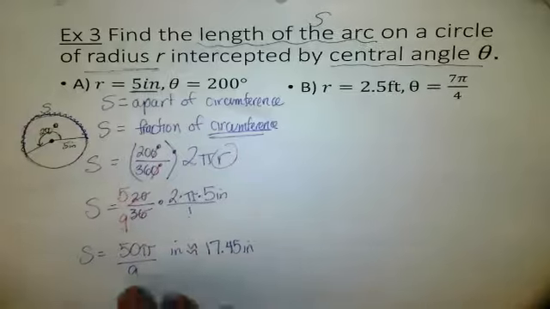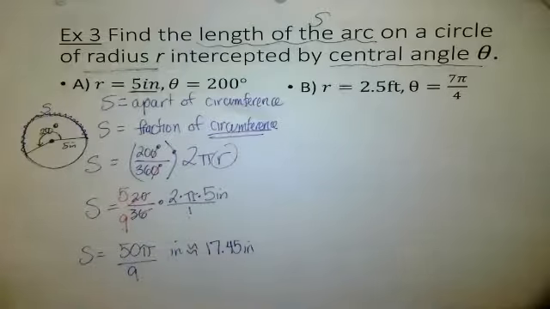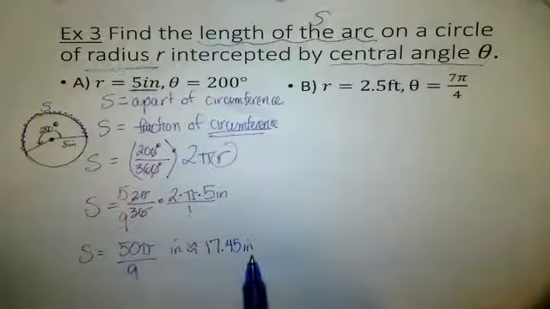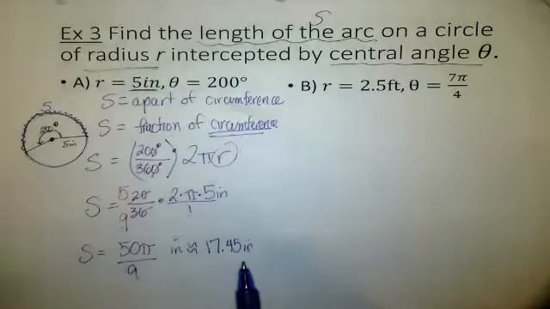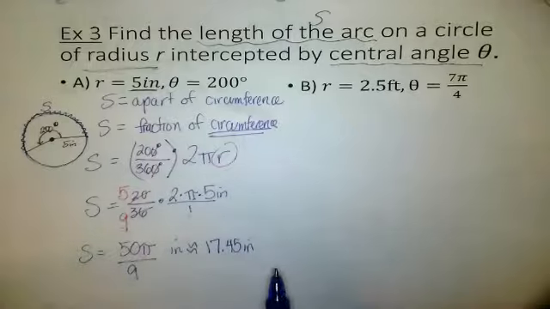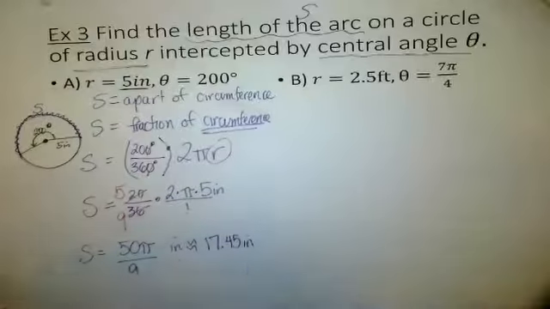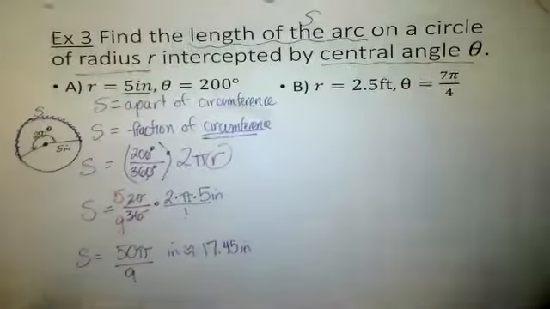I personally like 50 pi over 9 because I don't have to use my calculator for that. Please, arc length is length measurements. Feet, inches, miles, yards, length measurements. So they're not squared.